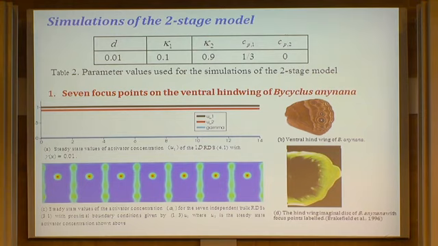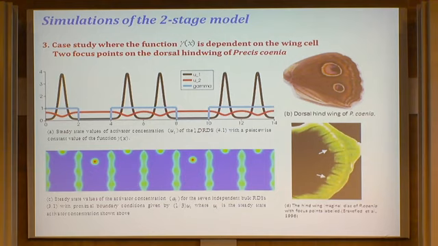The last one is a case study where the function gamma is dependent on the wing cell. Here is a blue line. The blue line indicates the gamma profile, just a stepwise profile. In this case, at lower values the cells develop an eye spot.